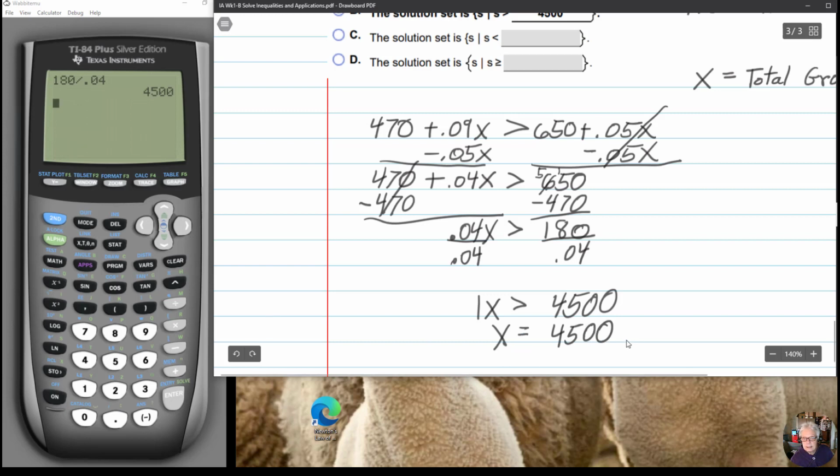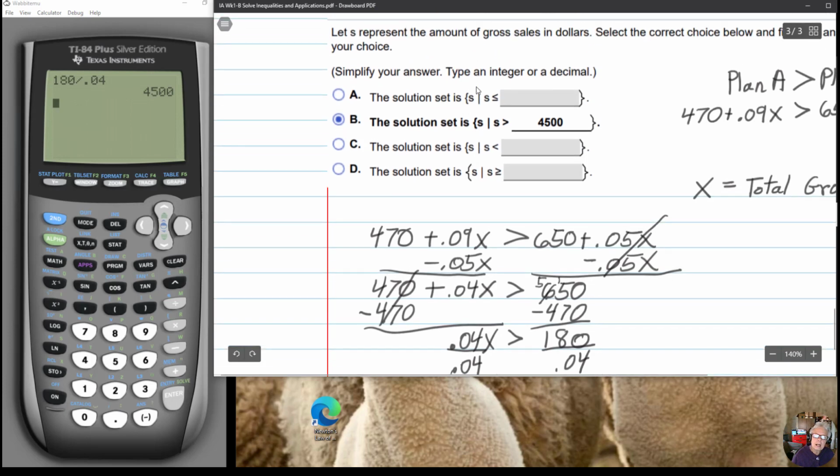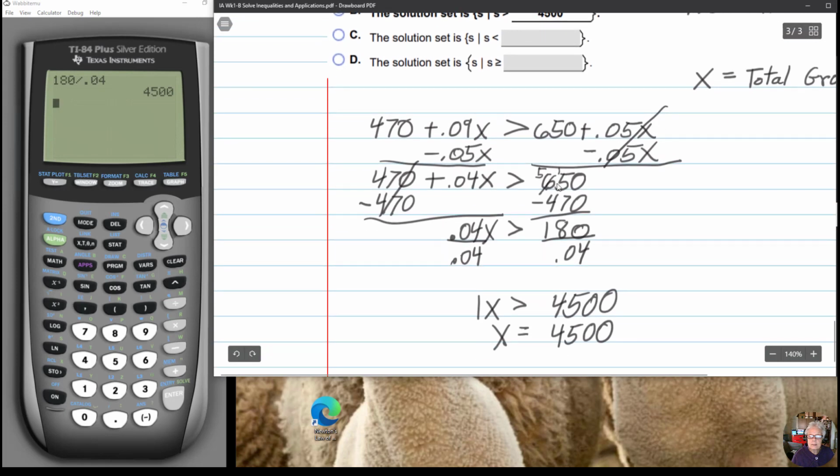This and this agree with each other. Namely that x doesn't equal 4,500.